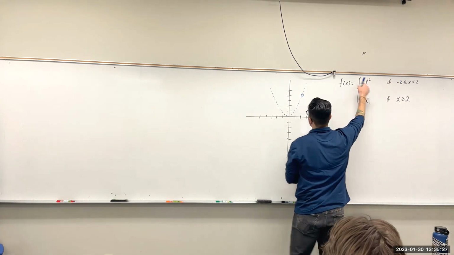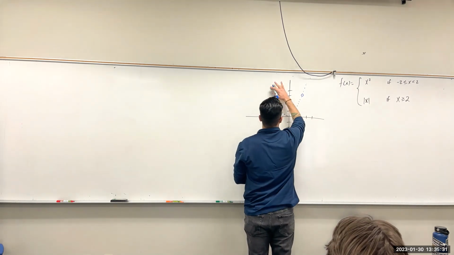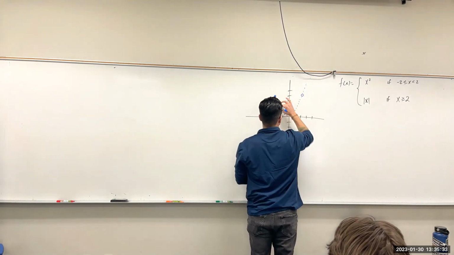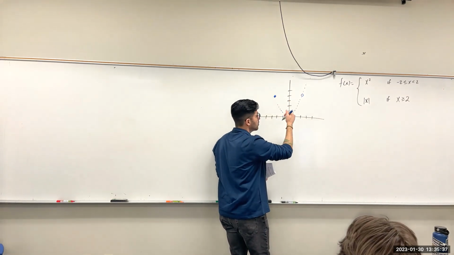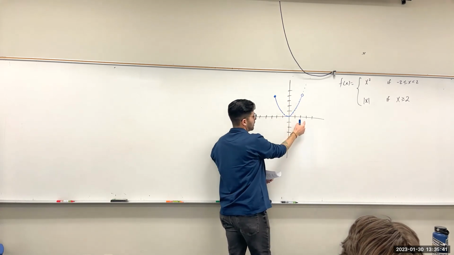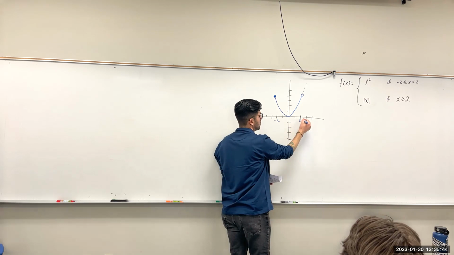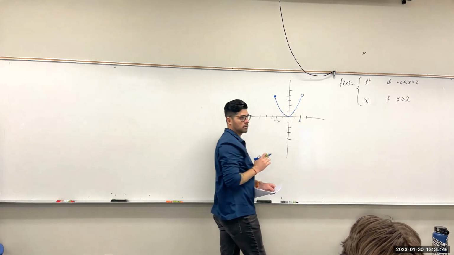Also 4, but in this case, it is closed. And then everything in between x values -2 and 2, you include that part of the parabola, and you ignore the rest of the parabola.